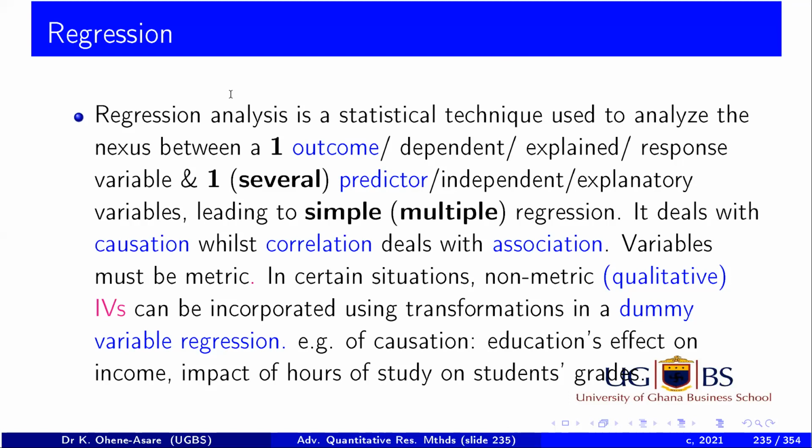So regression is a statistical technique used to analyze the nexus between one dependent variable and one independent variable. And when there is one dependent variable and one independent variable, the kind of regression we talk about is known as a simple regression. So let me just show you something very quickly. And this we have done already. I'm just giving you a prelude, recapitulating some few things, and then we'll properly begin.